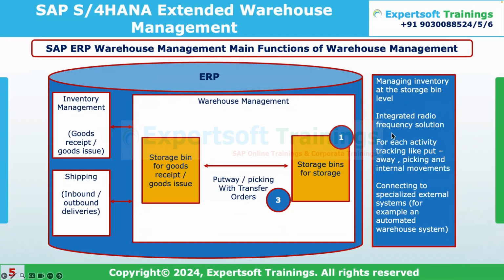Then SAP has introduced radio frequency solutions, so your handheld devices can be integrated, and you can scan, and that information can be populated in your, sorry, in your SAP WM system. Now you can perform all the activities related to warehouse, like putaway, picking, internal movements. And SAP has a USP: it can integrate with external systems very well. It can connect any external system.